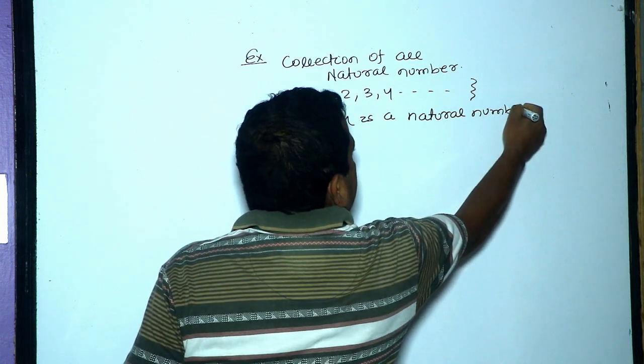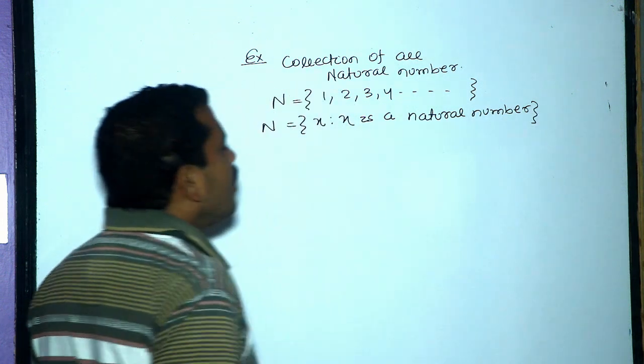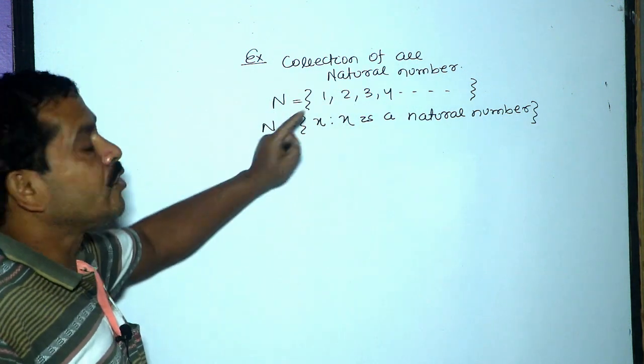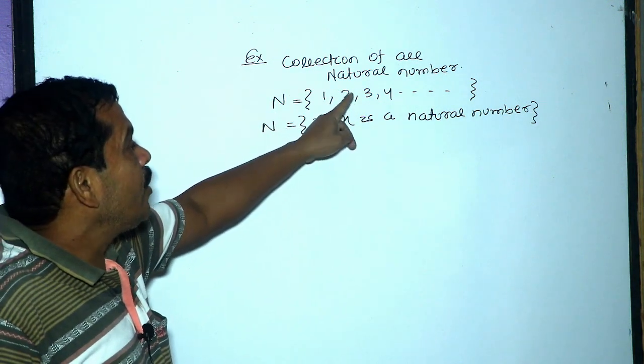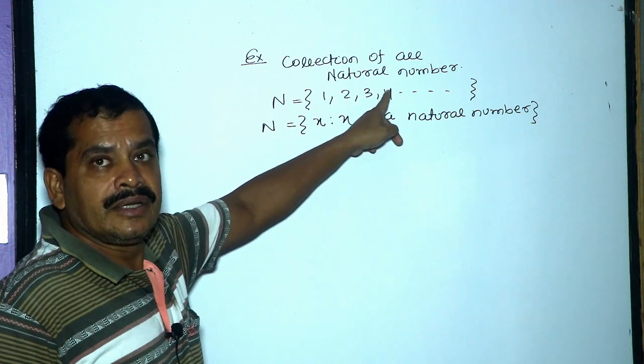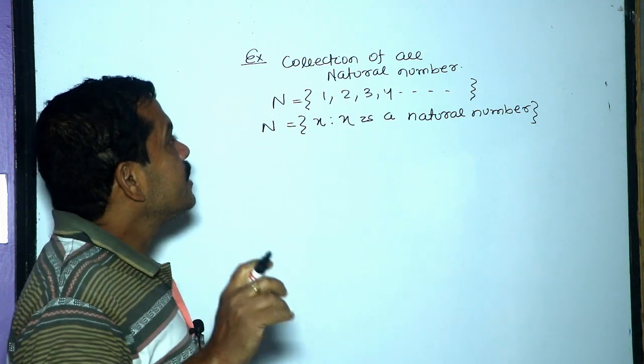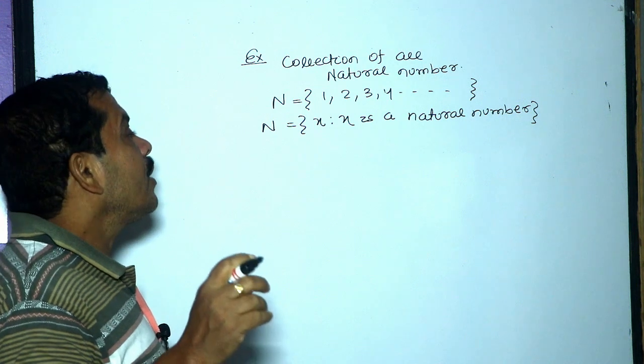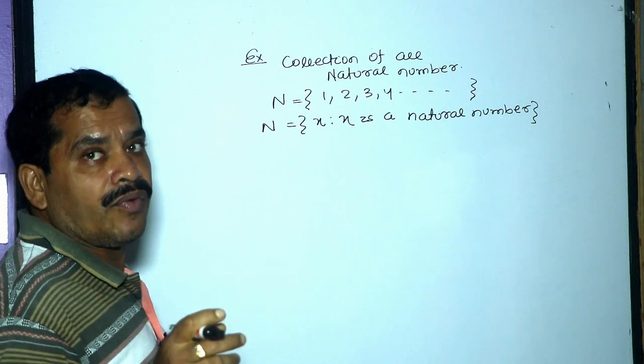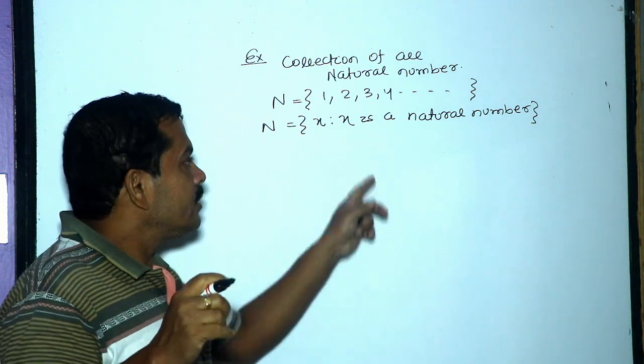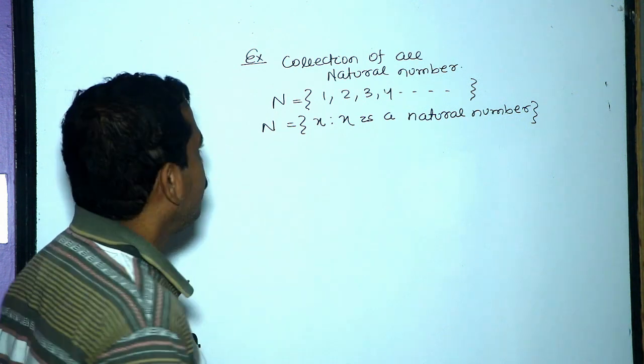So a set can be described in two ways: roster form, or form of list, and set builder form, or specification form, or intention form.